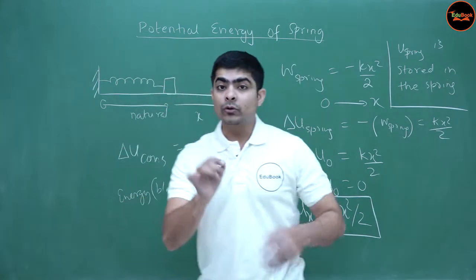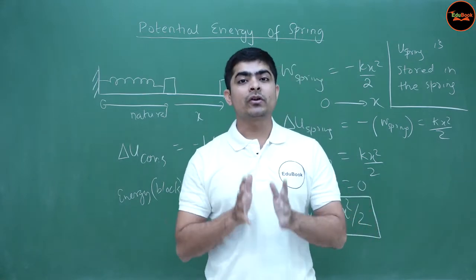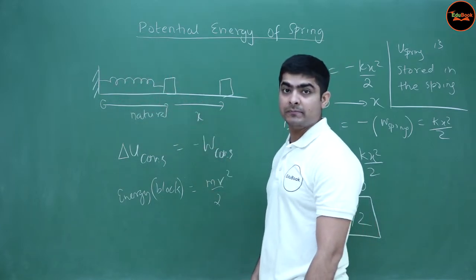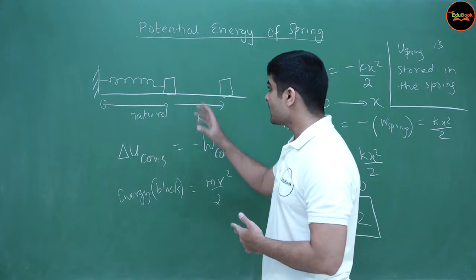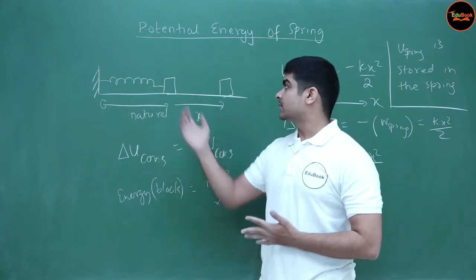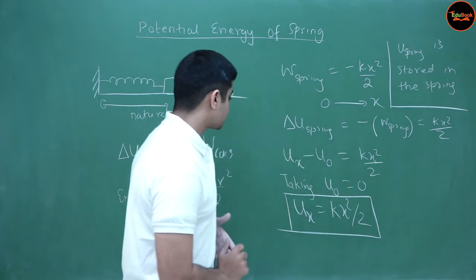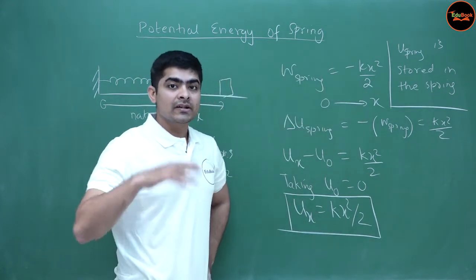See, I told you, right? Potential energy depends on the position of the system, in this case the spring plus block system. As you increase the length, the spring has elongated, the position of the block has changed. Correct? So the energy will be stored in the spring.